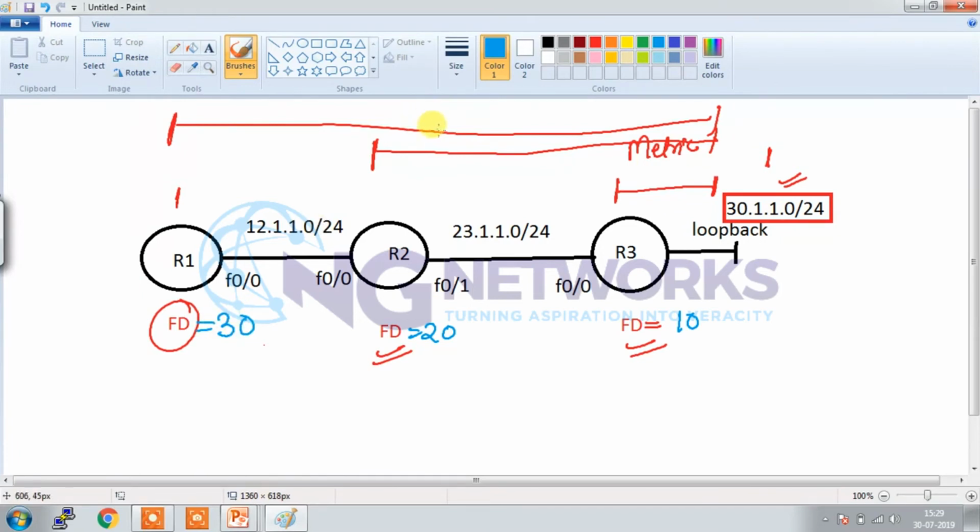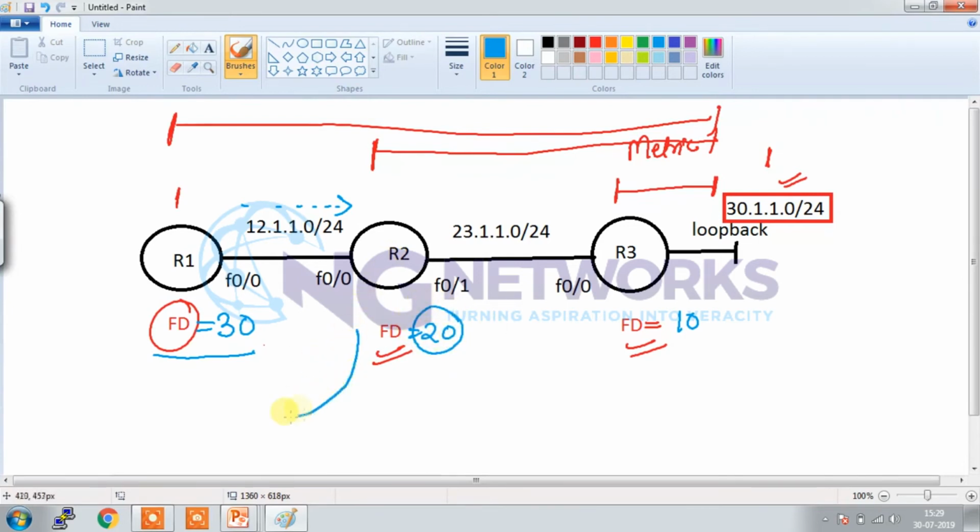Now comes RD. R1's FD is 30, but who is R1's neighbor? R1's neighbor is R2. So what is R2's FD to reach the 30 network? It is 20.